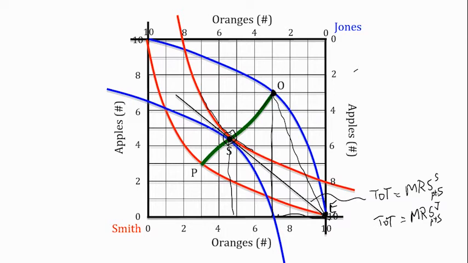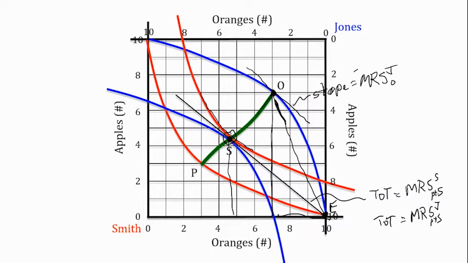That will be the terms of trade from E to O. But look at what Jones's marginal rate of substitution is at point O. It's going to be equal to the slope of the tangent line through point O. The slope of this line is equal to the marginal rate of substitution for Jones at point O. And note that because that line is not the same slope as this line here, they're not equal to each other.